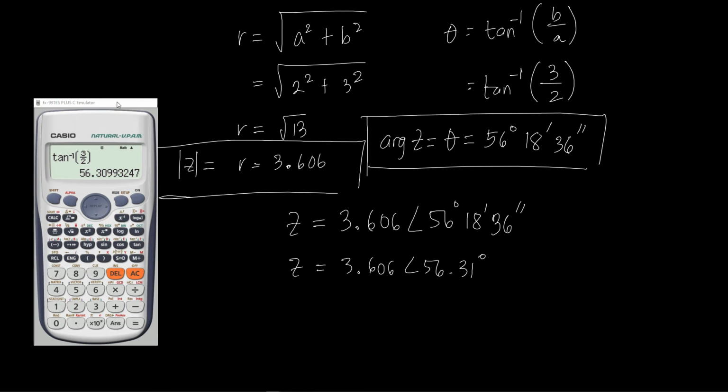Now, how about the reverse? What is given is a polar form. For example, convert Z is equal to 4 angle 30 degrees to the form A plus Bi.